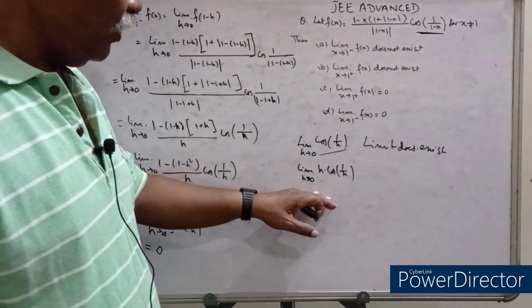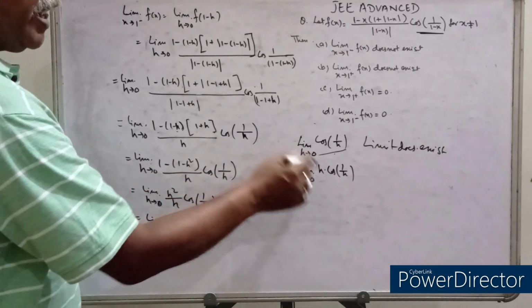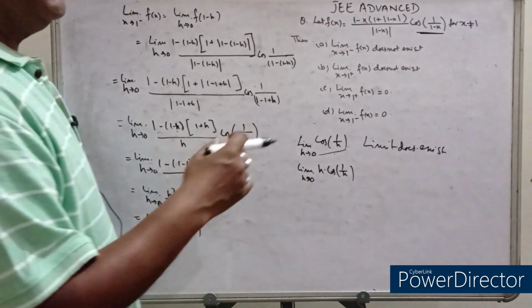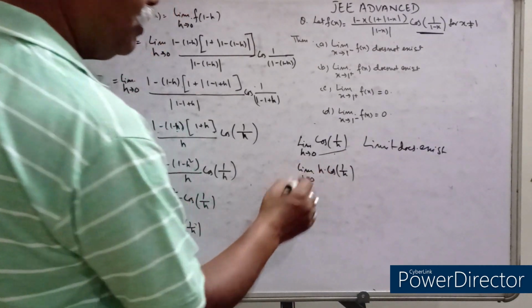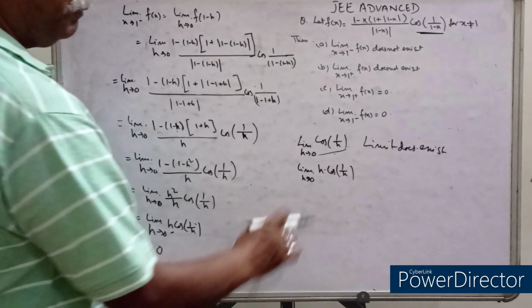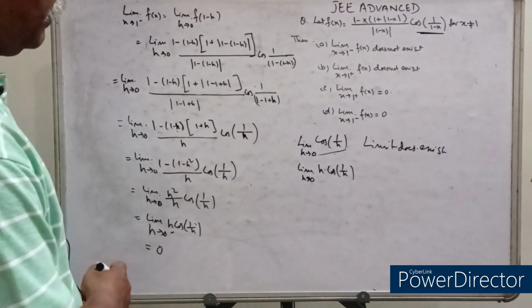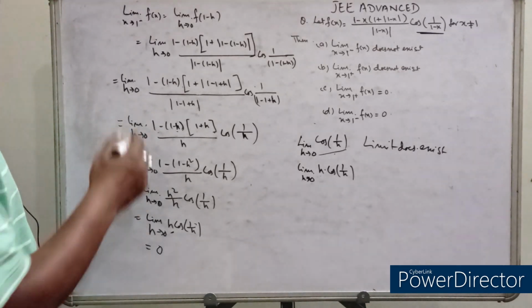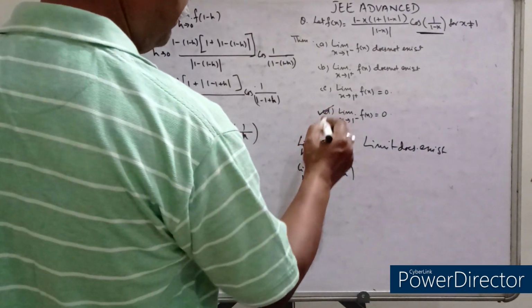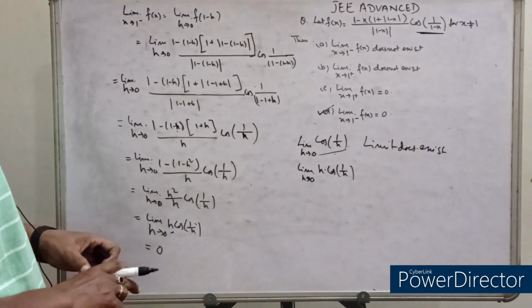But if your last result is this one, then you can give a decision, because when h becomes 0, 0 multiplied by anything is 0. So the maximum importance is given to h. So now your left hand limit is 0. That means your D option is correct. Your left hand limit has come to 0, so your left hand limit is correct.